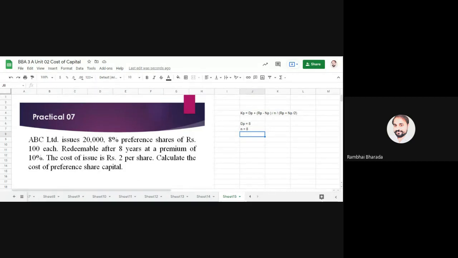Are you sure? यहाँ पे देखो क्या है, issued at a par value of each rupees 100. So if any premium or discount comes with the issue line, it means it is about NP. Here it is after the 8 years.